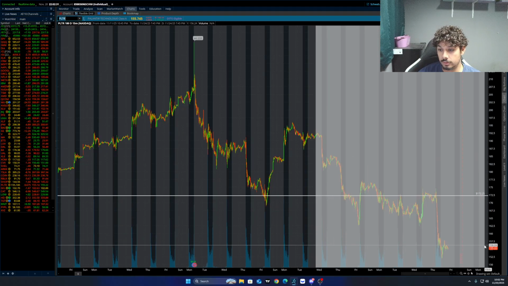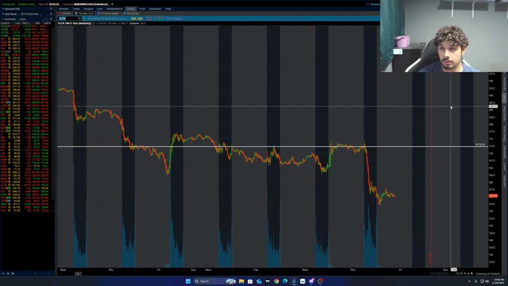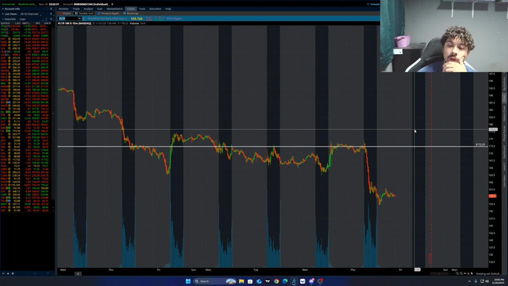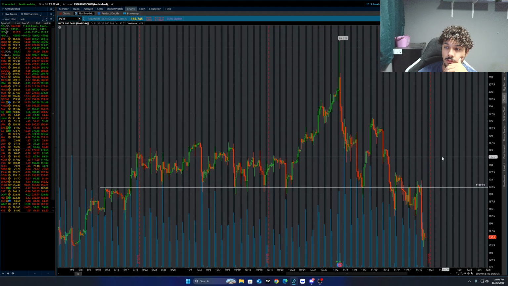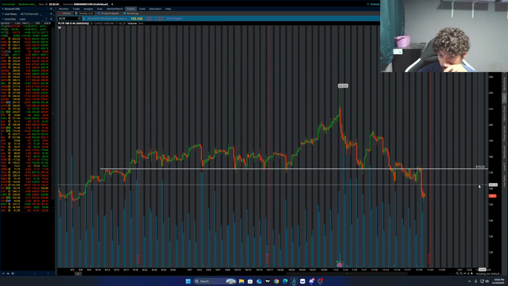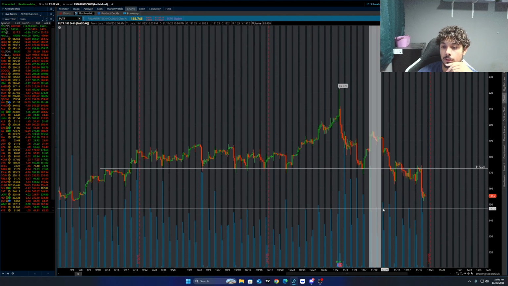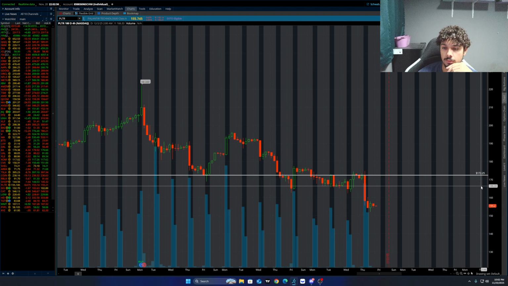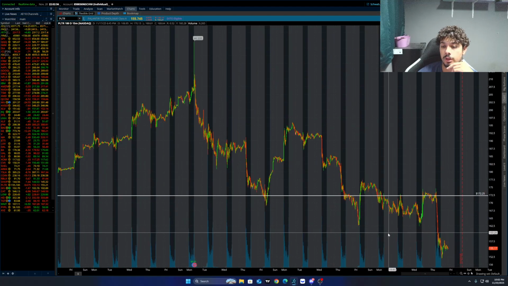So let's look at Palantir. Previous support turned resistance. So, how do we trade this?